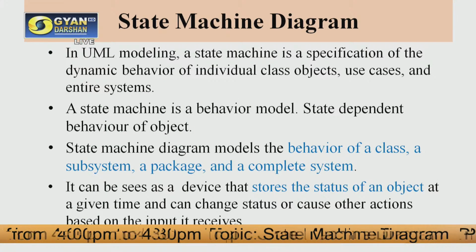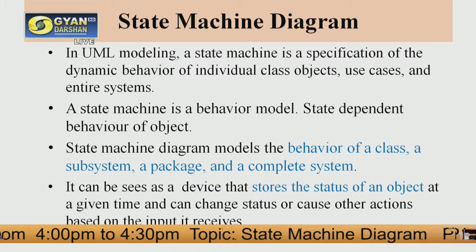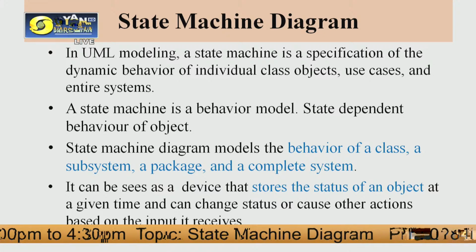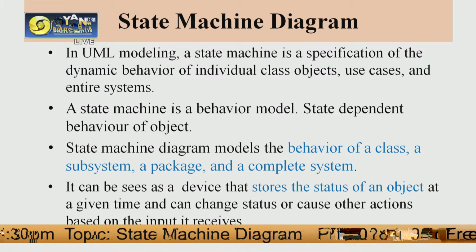It is a kind of specification which tells about the dynamic behavior of an individual class, objects, use case, and the entire system. If you are talking about individual class objects, or the objects involved in the processing of different activities of the system, and use case, and the entire system also.